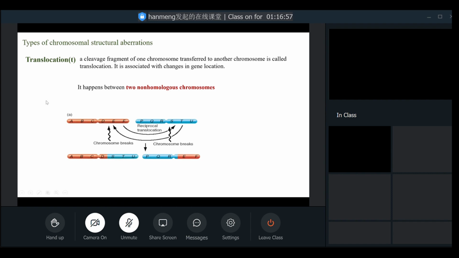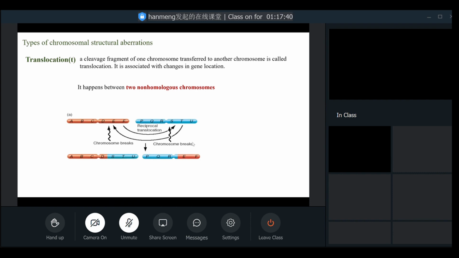As we all know, between two homologous chromosomes during meiosis 1, in the tetrad period, there is an exchange between non-sister chromatids of two homologous chromosomes.